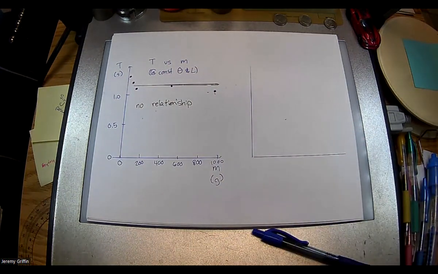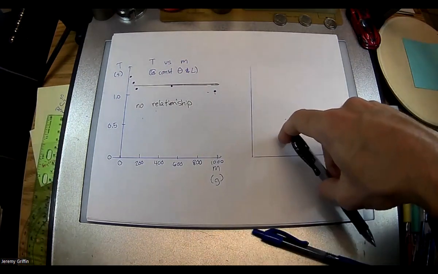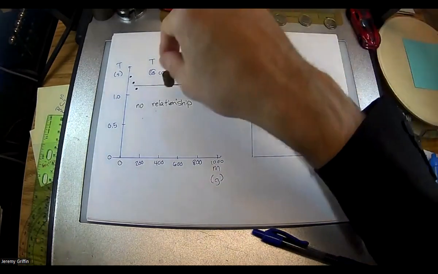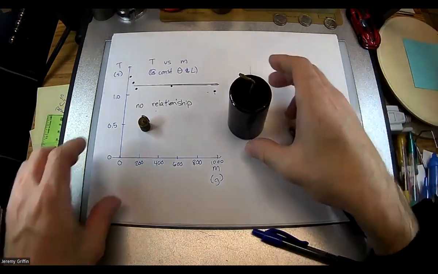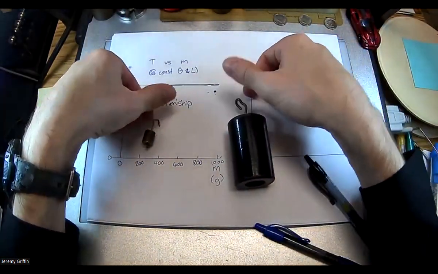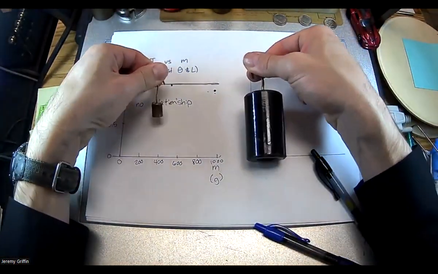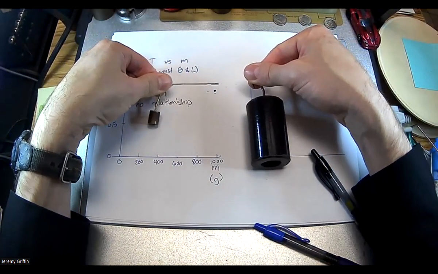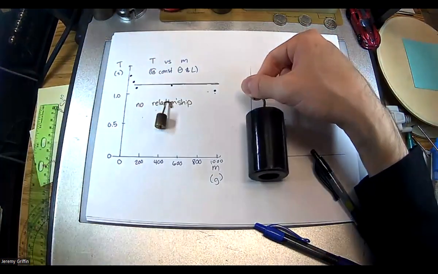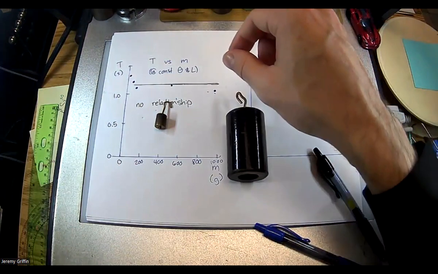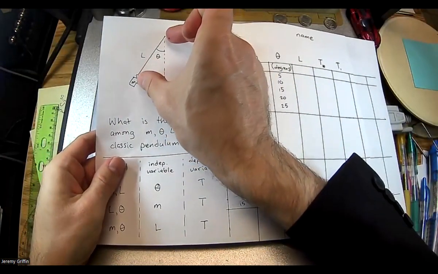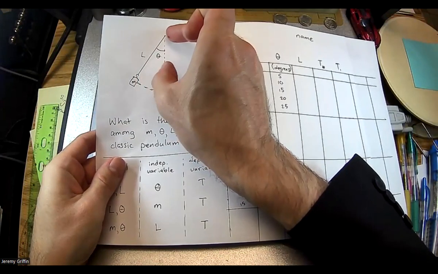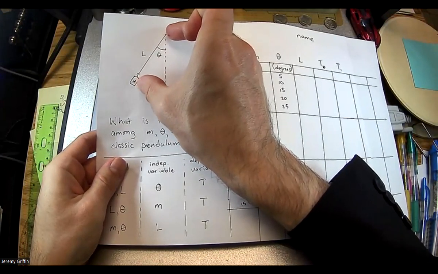But I think that actually does make sense too, and the reason has to do with the geometry of these masses. If you have a little tiny mass versus bigger and bigger masses hooked at the end of the string, what is the effective length of each pendulum? You're going from the point that's swinging about to the center of mass of the mass itself.